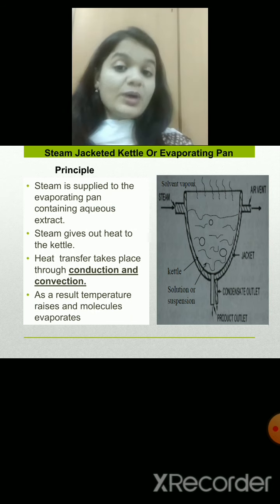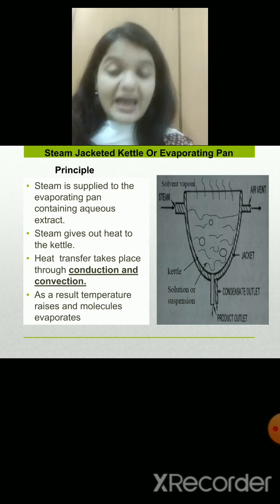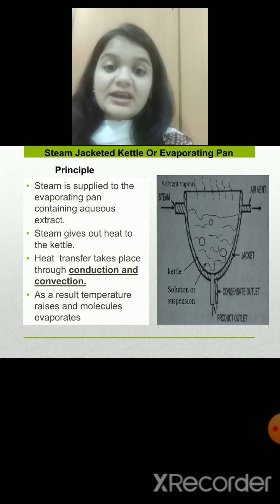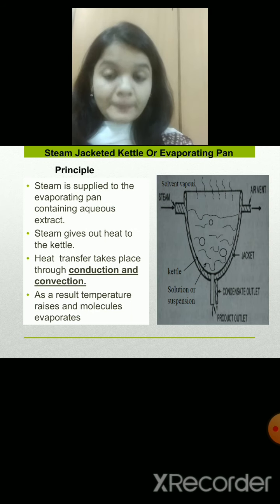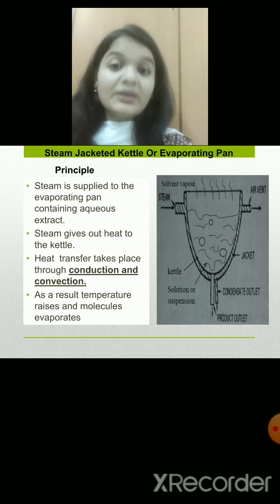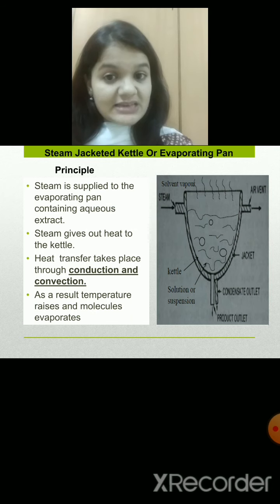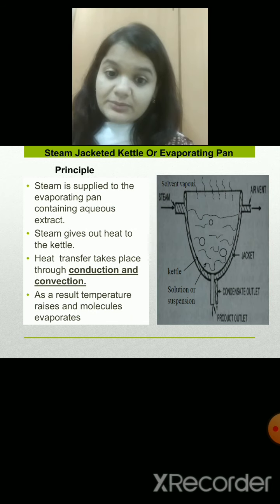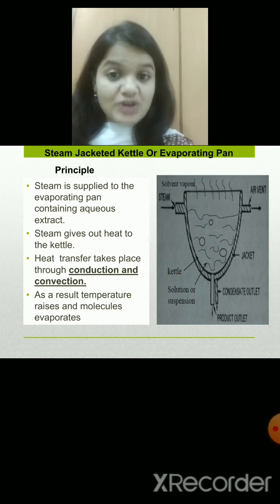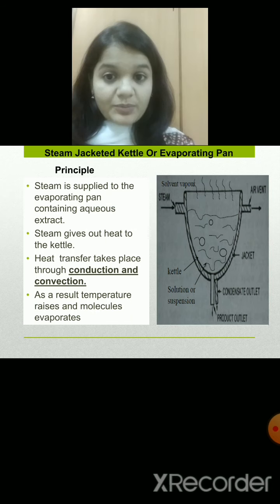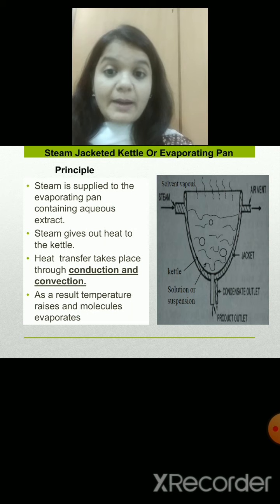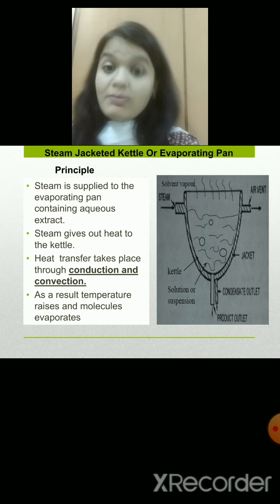Now, we'll be moving to construction. As you can see in your figure, there is a kettle which is enclosed by a jacket, which has a steam inlet, air outlet, condensate outlet, product outlet, and the aqueous extract is evaporated from the top. Now, the kettle is single sheet or multiple sheet.